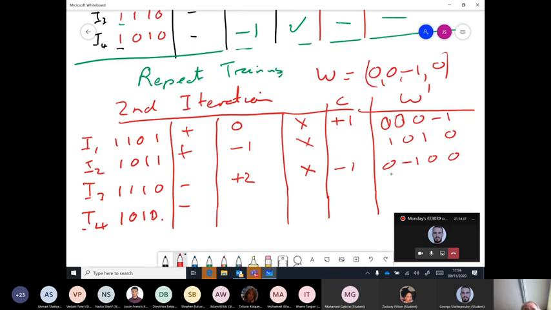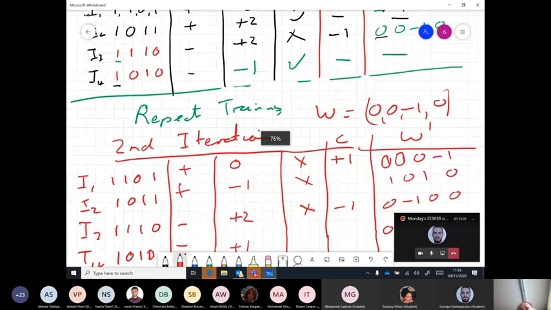Scalar product, 0, 0, 1, 0, plus 1. Should be the negative class. Subtract I4 from the current weight vector. The update is going to be 0, 0. It goes to 0. Something has gone wrong somewhere, folks. Where have I made a mistake?